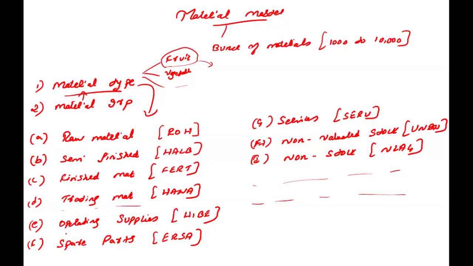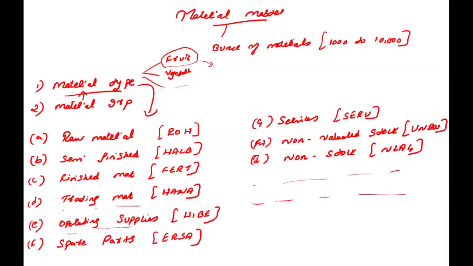Okay. Then you have the operating supplies. Operating supplies are nothing but, you can take consumables as an example. So the materials which are used within the plant or within the company. You are buying the material not for selling. You are buying the material to use for your own purpose. For example, they can be pantry items. For example, you are running a service-based company, and you have a pantry in it, and you have a vending machine.